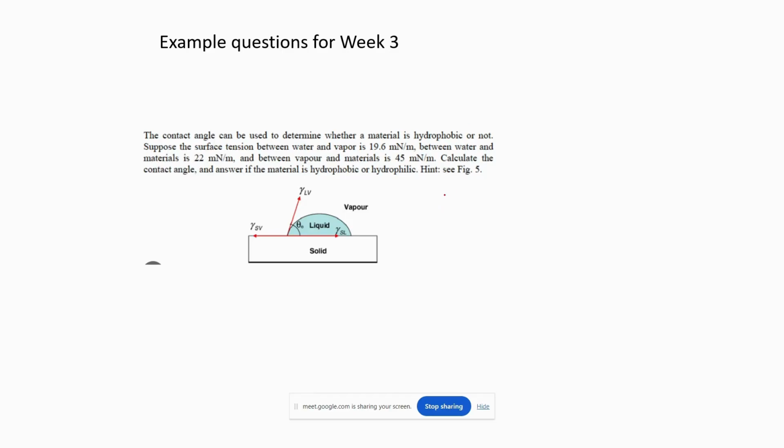Okay. So as we had gone through in a previous question, the angle theta here is dependent on these two, and by Young's equation, cos theta is given as gamma SV minus gamma SL by gamma LV.